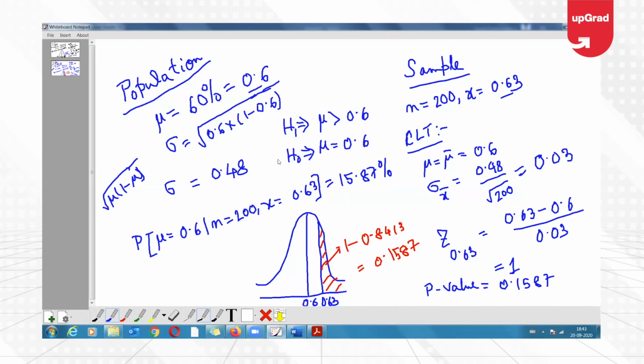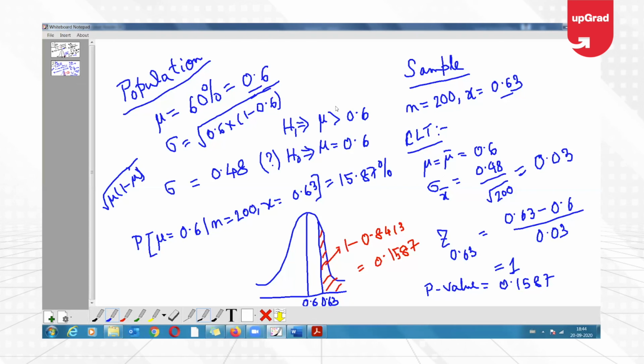Which means, sorry boss, I do not have enough evidence to reject the null hypothesis. I cannot accept the alternate hypothesis. I cannot say that mu is not equal to 0.6, or I cannot say that mu is greater than 0.6.